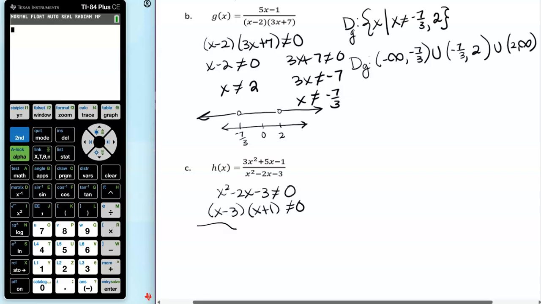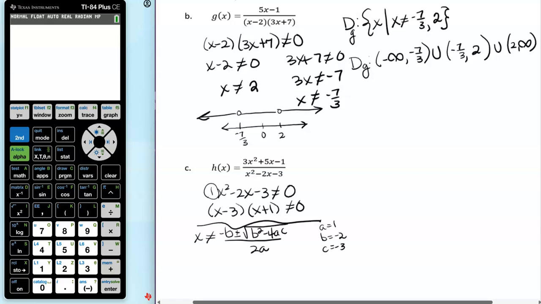You could do the quadratic formula, which, if you remember, I'm going to say it cannot equal to. The quadratic formula is negative b plus or minus the square root of b squared minus 4ac over 2a. So for this particular function, a would equal 1, b equals negative 2, c equals negative 3.